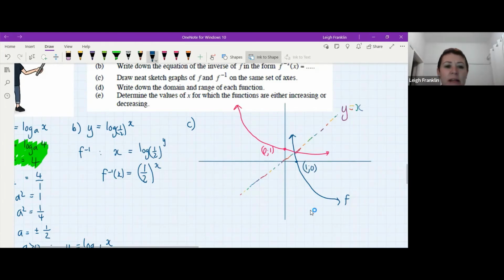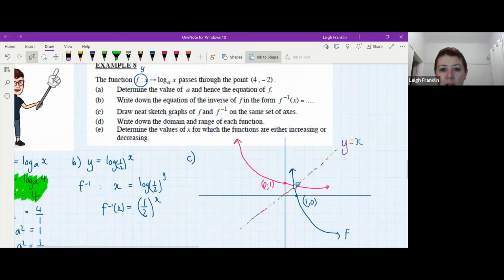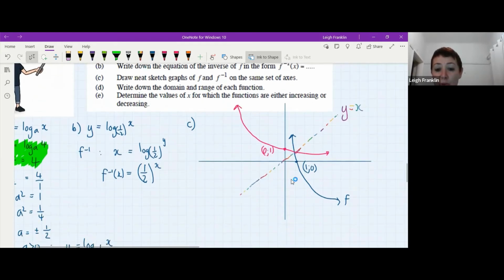Similarly, if you had another point on the function, for example they told us it passes through the point 4 and -2, that point will also be reflected on the other graph. So somewhere over here, this one has to go through the point -2 and 4 as well.